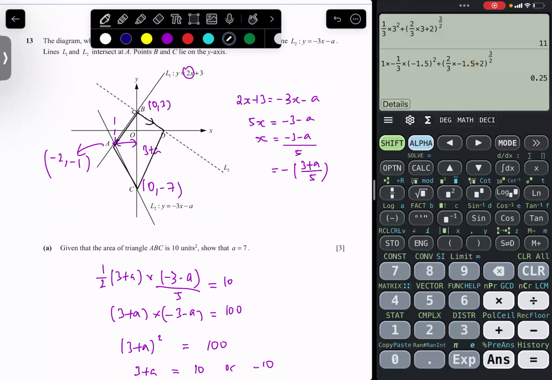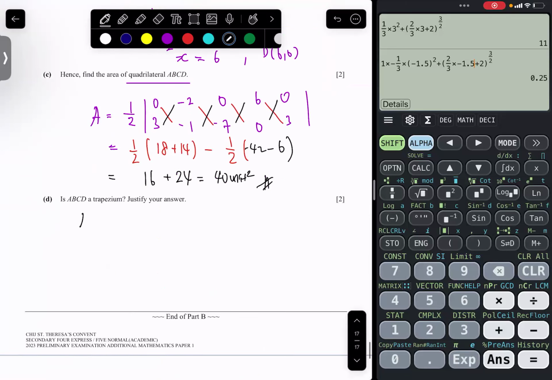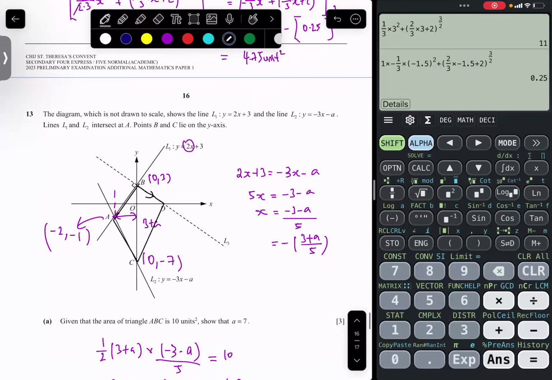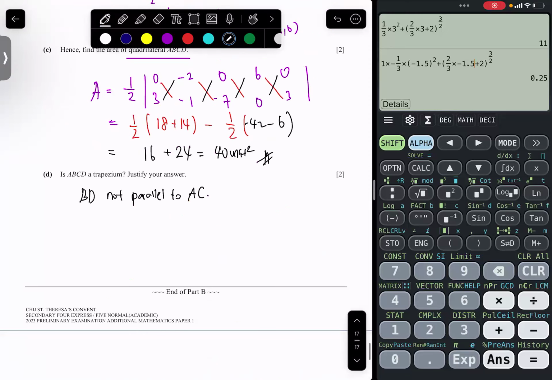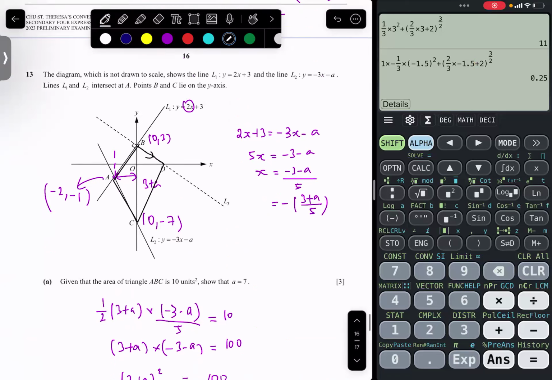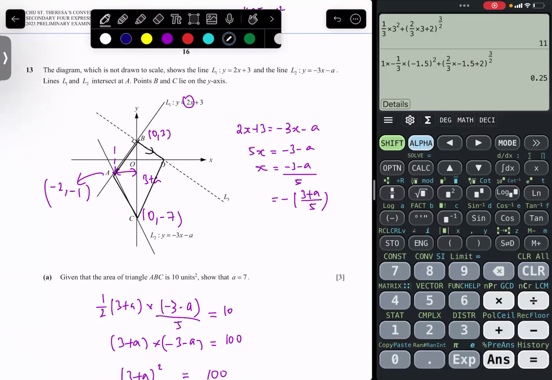BD is not parallel to AC, so we state that first. Okay, so now let's find out AB. AB has a gradient of 2. Now let's find out what is CD. C is (0, -7) and D is (6, 0).